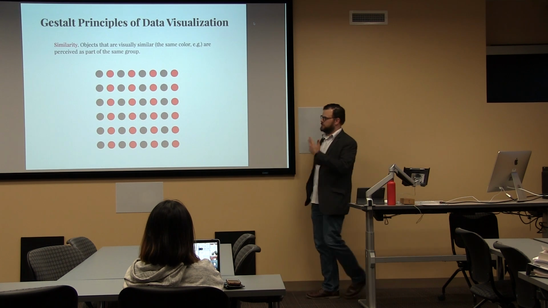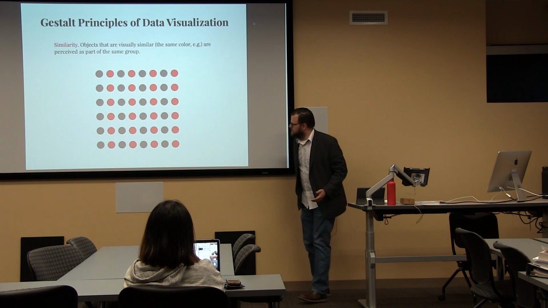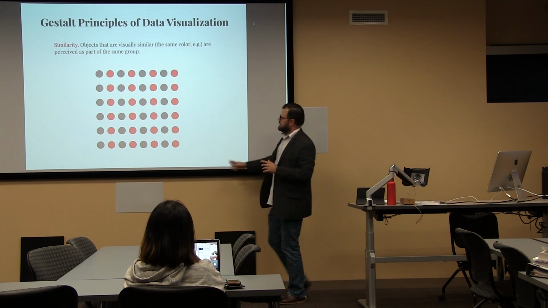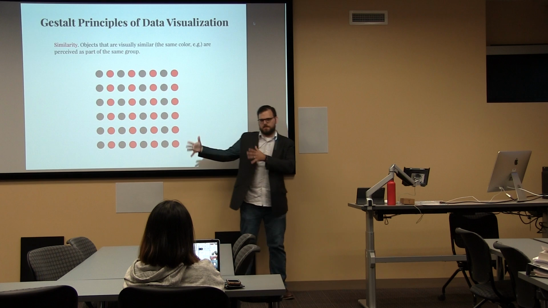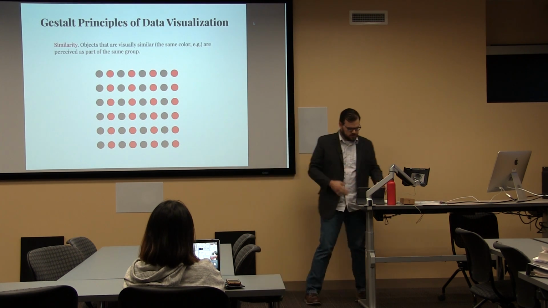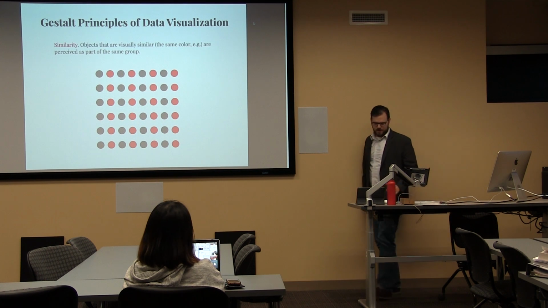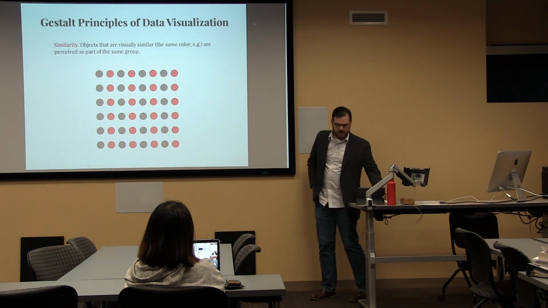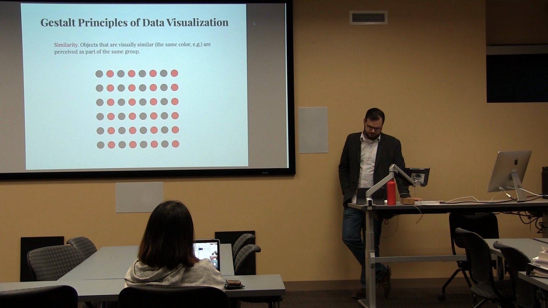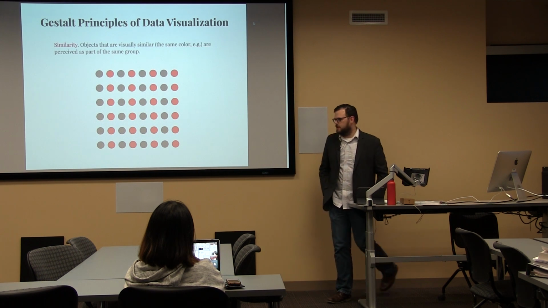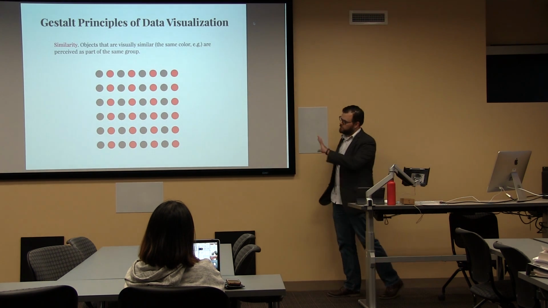So the groups here, of course, are red and gray circles. And our brains are making this connection that says, okay, everything that's red must belong to some kind of group, everything that's gray must belong to the other kind of group. But note that there is an implied problem with this graphic, which is the implication that there are rows and columns. That's not the intent here, but it's an important point because we're unintentionally conveying some meaning through visual form.